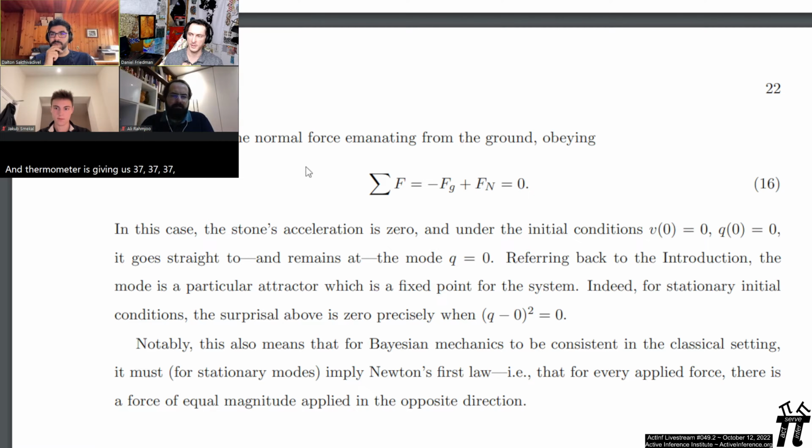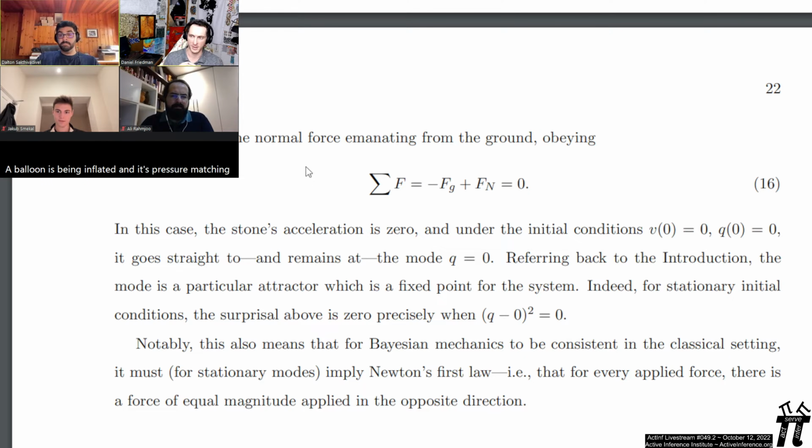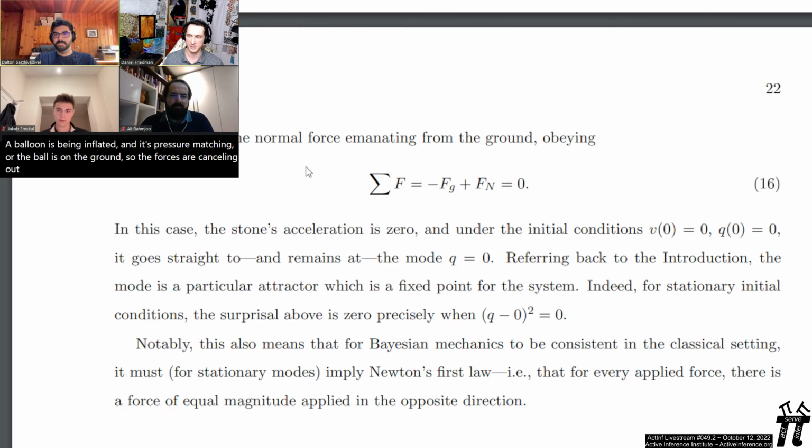So the mode instantaneously is not being updated, and that's kind of like a balloon being inflated and it's pressure matching, or the ball is on the ground. So the forces are canceling out on the statistical distributions. The Bayesian surprise is 0. The prior and the posterior are the same. We're in the most static possible situation.